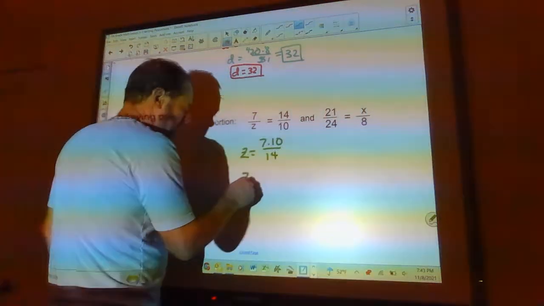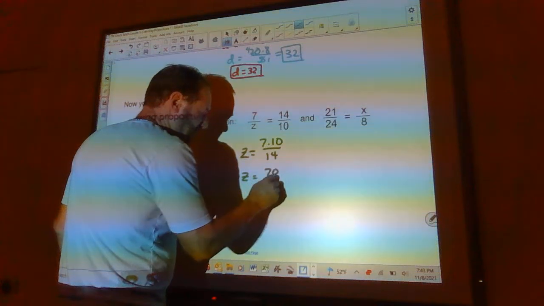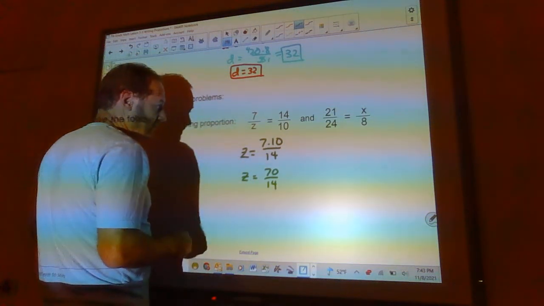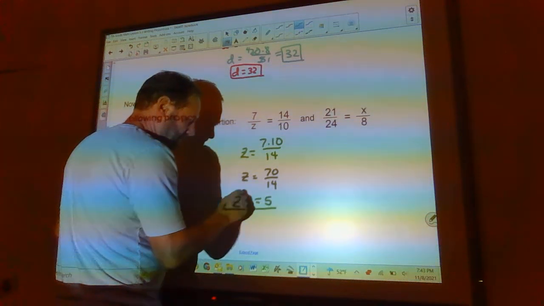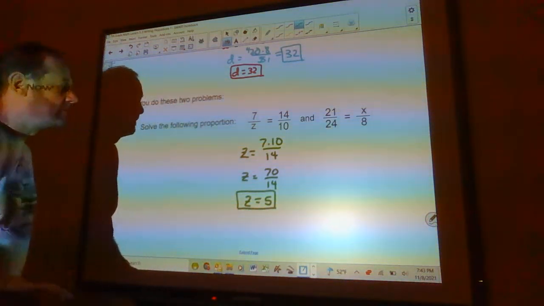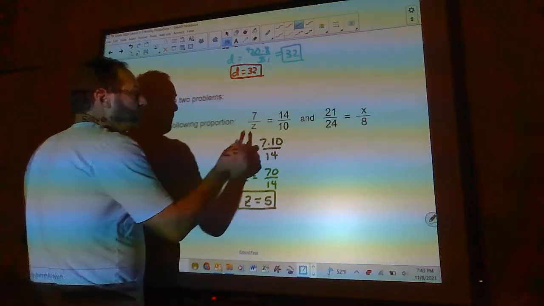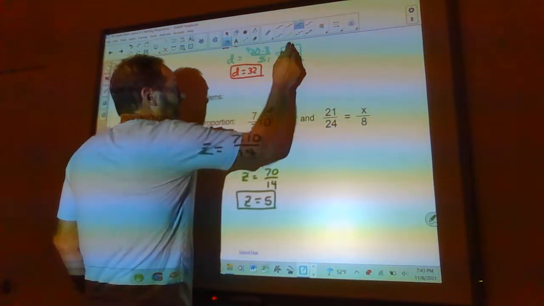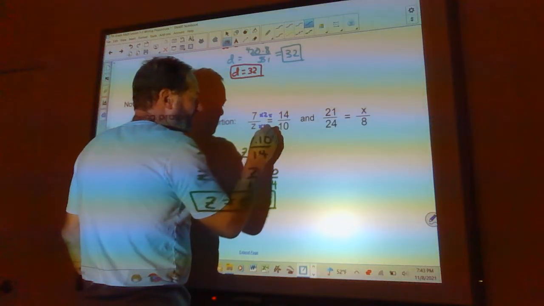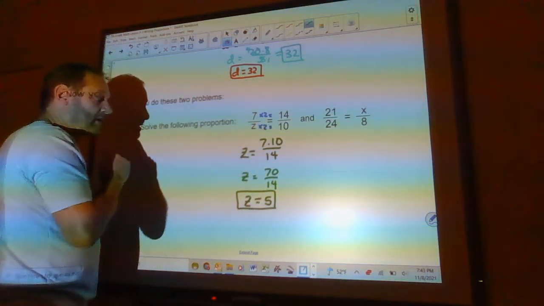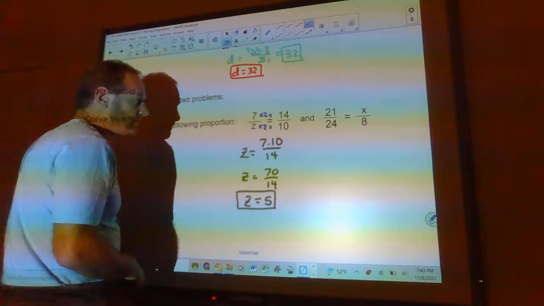That's 70 over 14, which is going to be 5. I could also say, 7 times 2 is 14, so z times 2 is going to equal 10, and that's going to be 5 again.